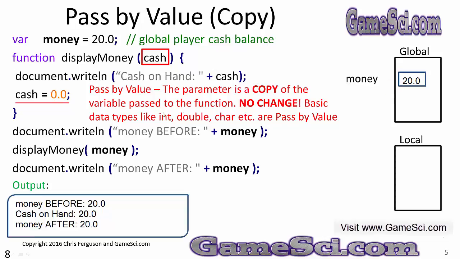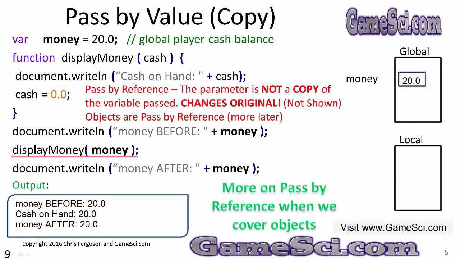Basic data types like ints, doubles, and chars are passed by value in JavaScript. There's also something called pass by reference, where the parameter is not a copy of the variable passed, and that can change the original variable. I haven't shown it to you because we're not ready to study it yet.